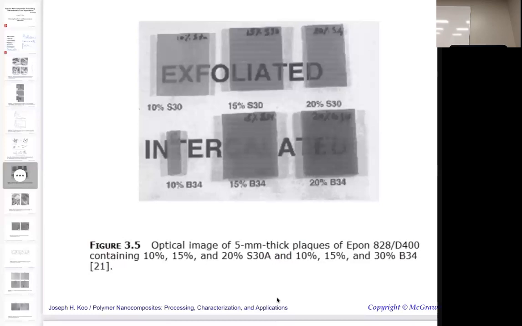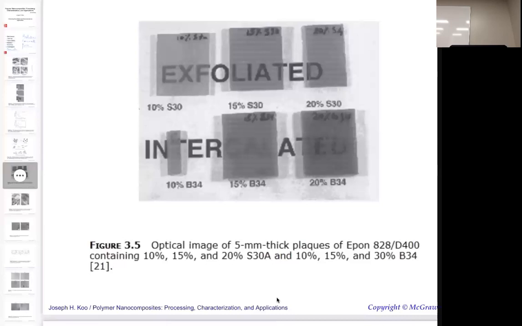So for exfoliated, imagine you have a wide angle electron scattering that says there's no order here, or bigger than 100 angstroms difference between the plate to plate. In intercalated, you're going to see that the plate to plate distance has gone from a naturally occurring 5 angstroms to 25 angstroms. You have polymer in between it, but there's still plate to plate order.